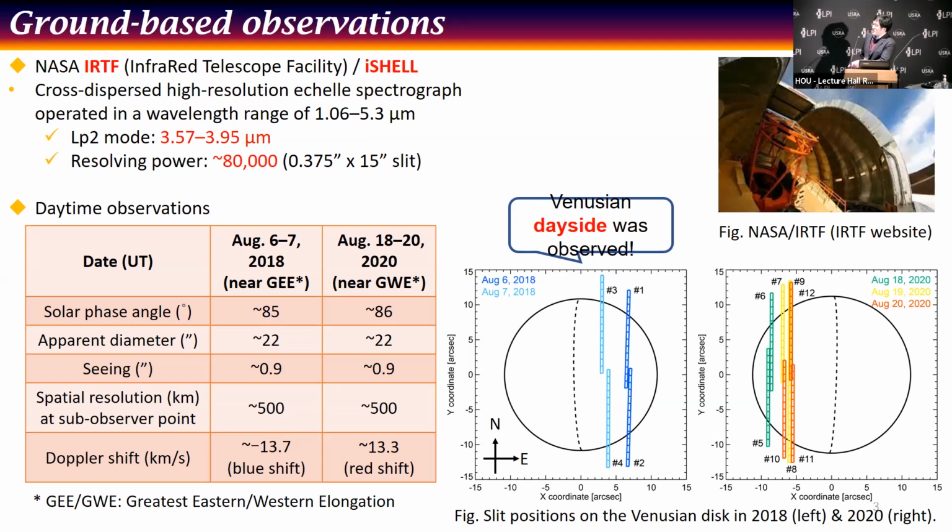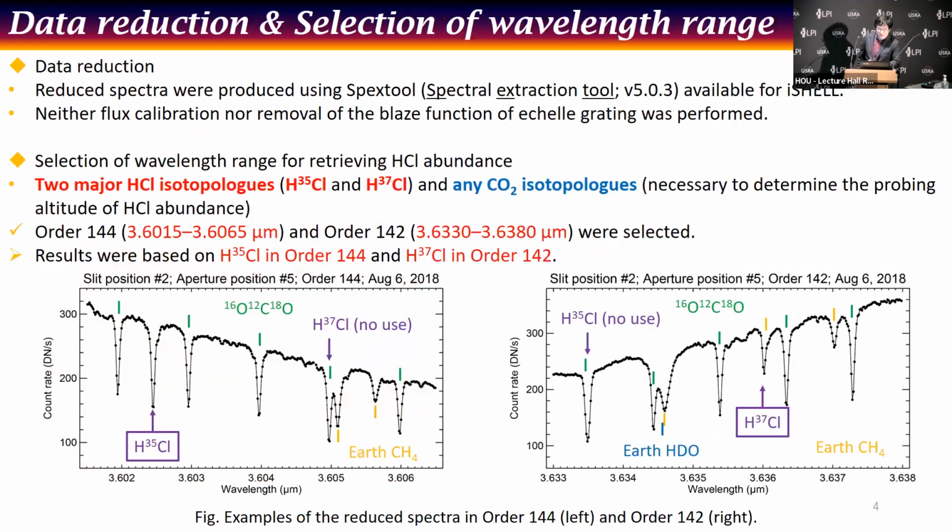The bottom figure shows slit positions on the Venusian disk in 2018 and 2020. The slit was set parallel to the north-south axis of Venus. The data reduction was processed using the Spextool tool optimized for iSHELL data.